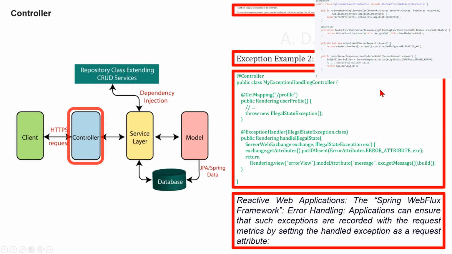In some cases, errors handled at controller or handler function level are not recorded by the metrics infrastructure. Applications can ensure that such exceptions are recorded with the request metrics by setting the handled exception as a request attribute.